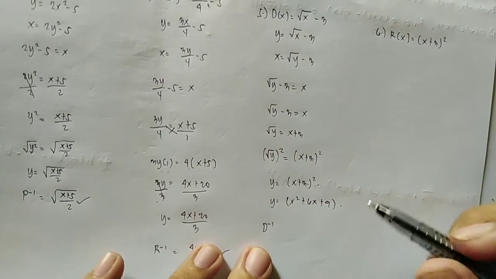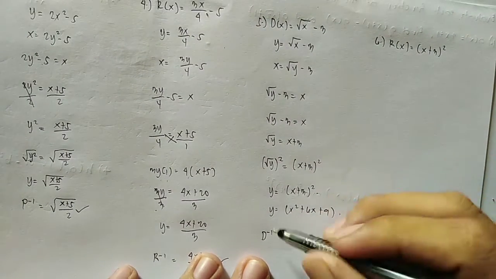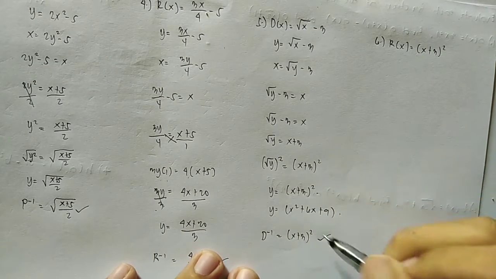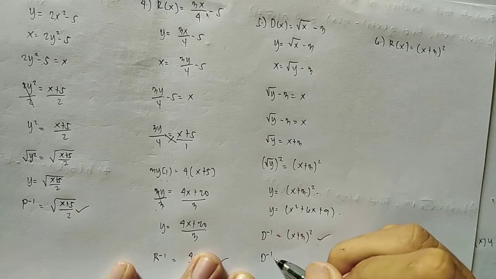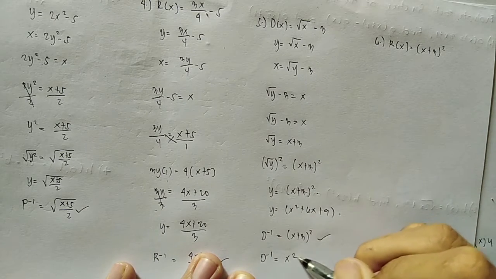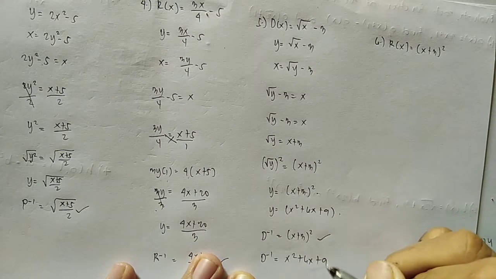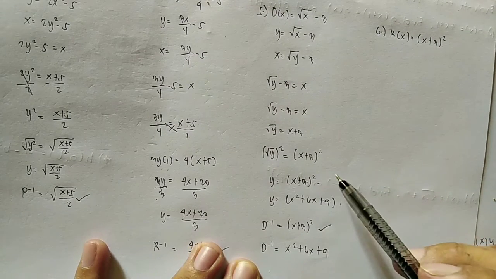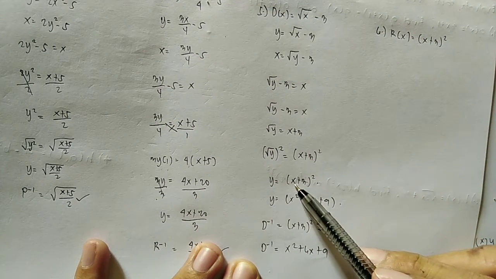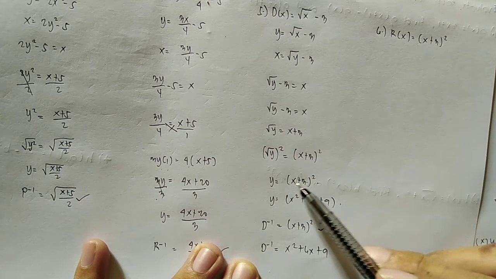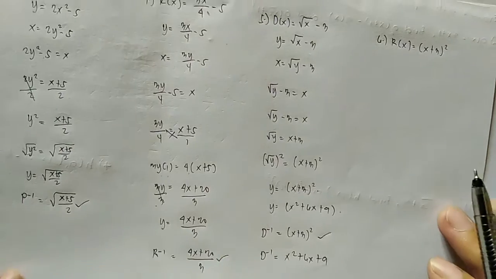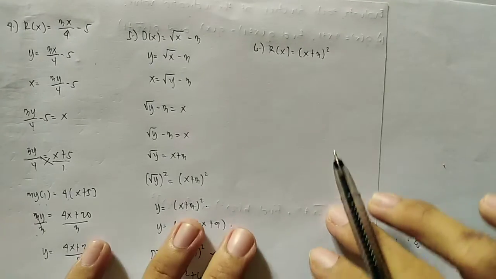So d inverse, or the inverse of the function d, is equal to x plus 3 squared, or the inverse of the function d is x squared plus 6x plus 9, the expanded form of the binomial square. Again, square the first term, twice the product of the first and the second term, and then square the last term.